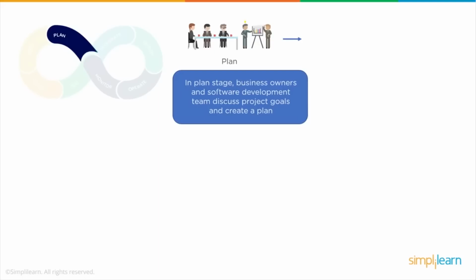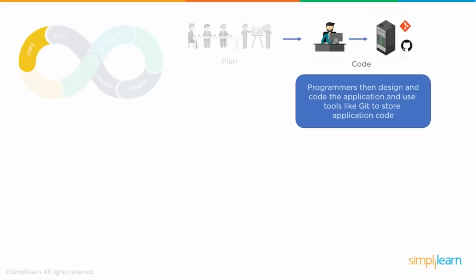So the first phase is planning, and this is where we actually sit down with a business team and we go through and understand what their goals are. The second stage is, as you can imagine, and this is where it's all very similar to Agile, that the coders actually start coding. But they'll start using tools such as Git, which is a distributed version control software.